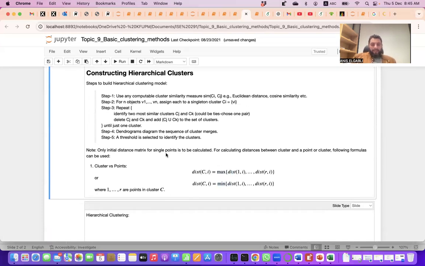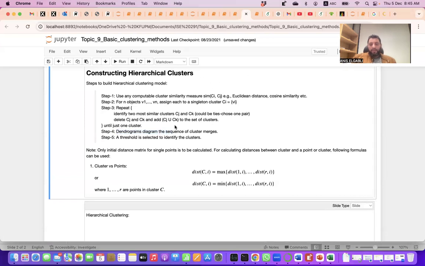So that's the idea at a very high level. You also look at the dendrogram. This dendrogram visualizes the sequence of the cluster merging, as we will see later on. Then you need to choose a threshold to define where you stop, because you keep merging all the way until they all belong to the same cluster.